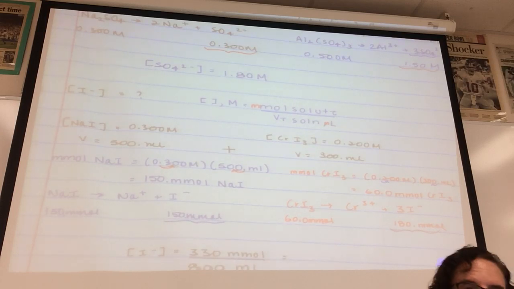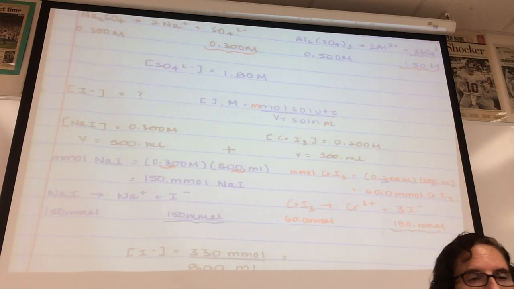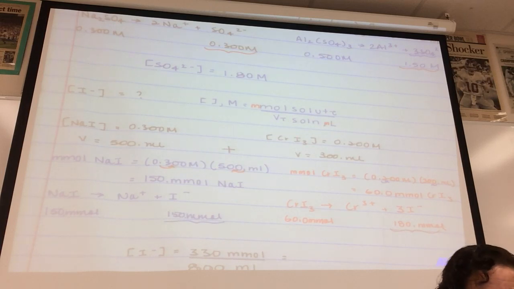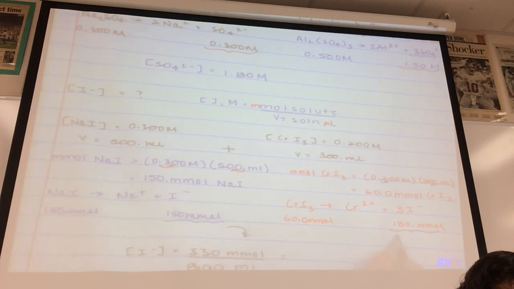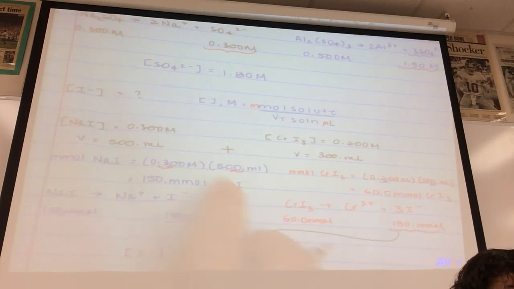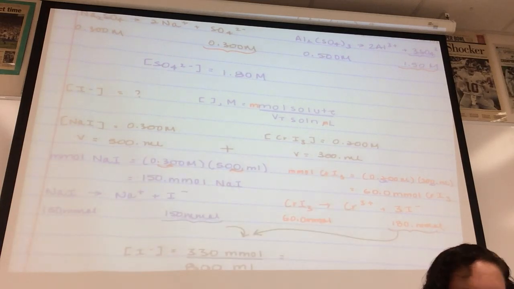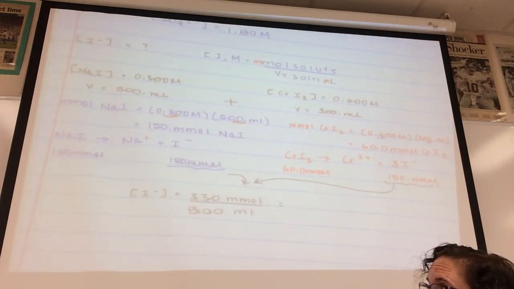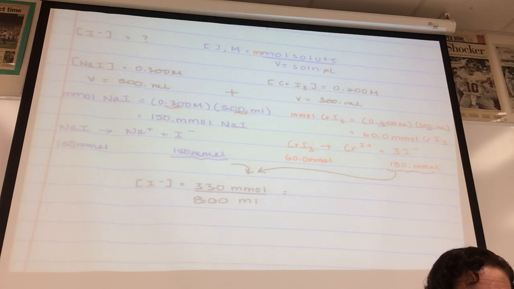Now, where's the 330 come from? The 150 and the 180. The iodides. And then what's the bottom number? Where did we get the 800 from? The 500 plus the 300. Volumes. You got it. Adding these two together. Alright, I see it now.